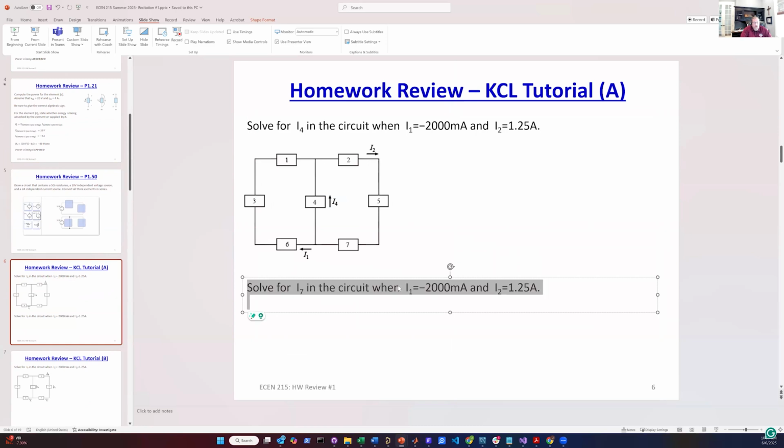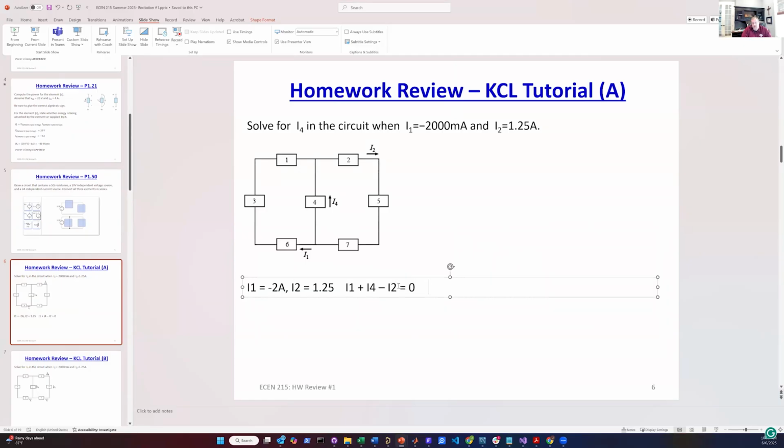So we end up with I1 equal to minus 2 amps. We have I2 equal to 1.25 amps. And with everything leaving, we would have I4 minus I2 equal to 0.